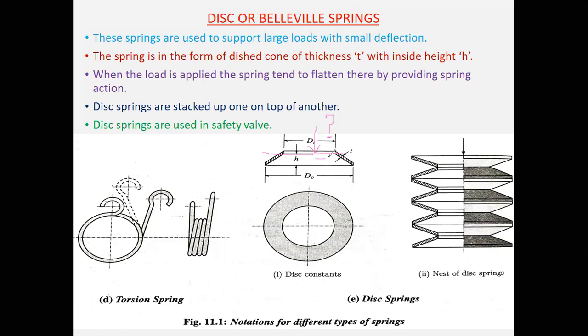Now he is asking at what load the spring will flatten, meaning this entire thing will come to this particular line. This is called spring flattening. Whatever H is, H will be equal to Y, then only the disc will be flat. When H is equal to Y, at that time the spring will become flat.